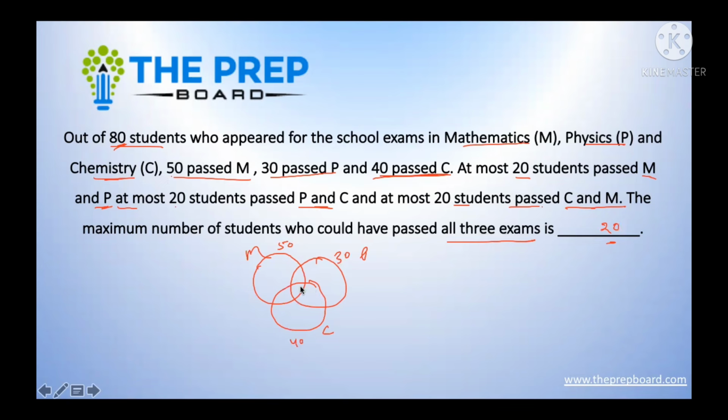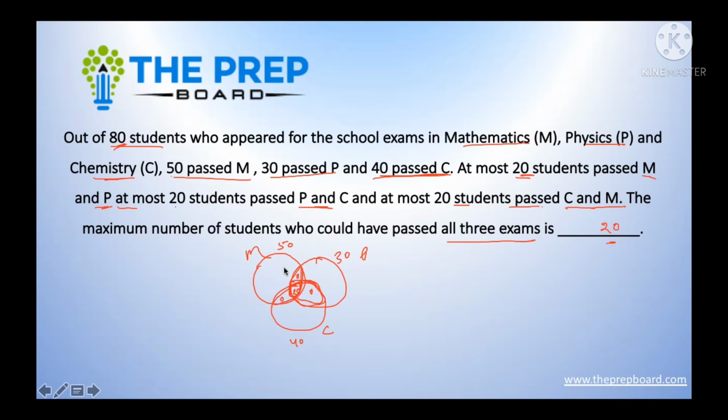So the maximum value of this whole is given as 20. Like it is saying, at most 20 students passed in maths and physics, so the maximum value of this bracket is 20. Again here is 20, again here is 20. So if I put 20 here, the rest all become 0.